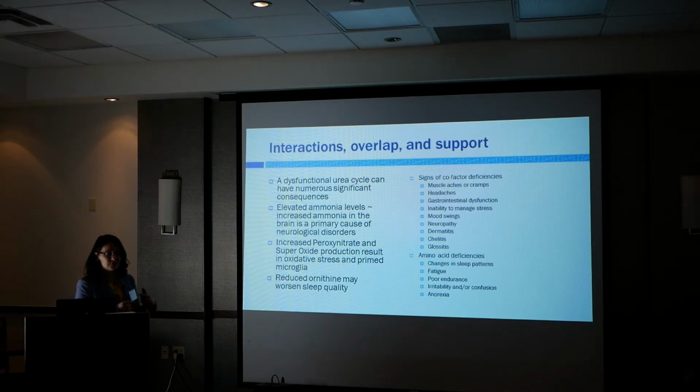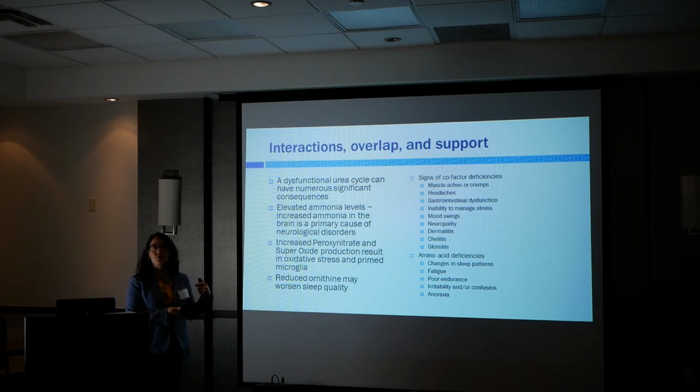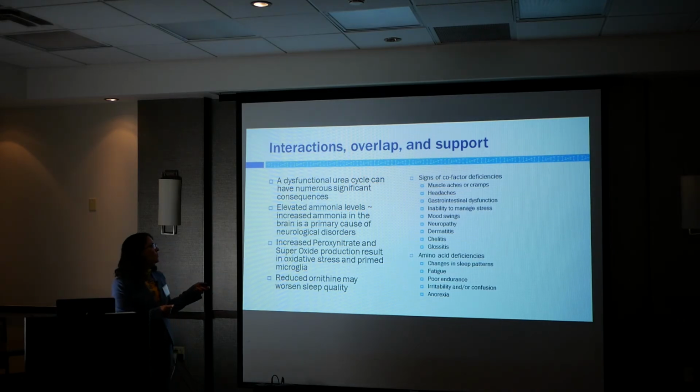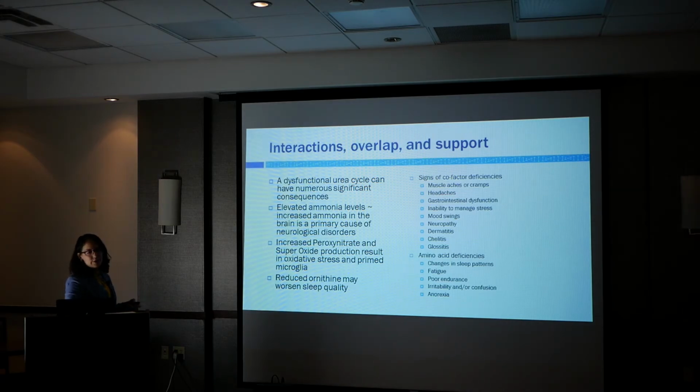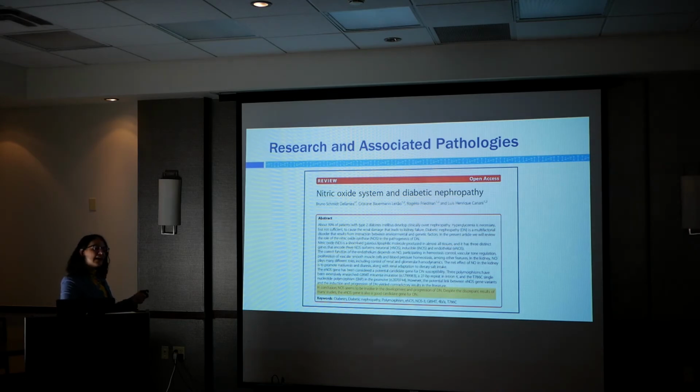Signs of cofactor deficiencies, when we're talking about the cofactors in the urea cycle, most of them are redundant because we've talked about a lot of them, but you could see dermatitis, cheilitis, glossitis, neuropathies, and then we're going to see things like fatigue and lack of endurance.